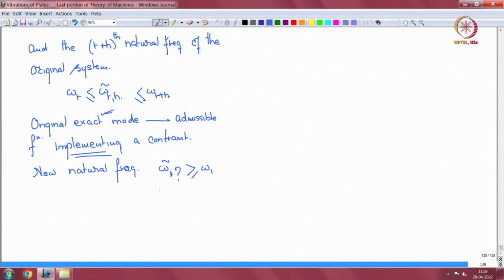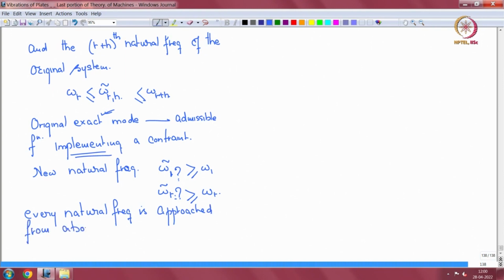Similarly the rth one, omega tilde r, with the admissible function here, is greater than omega r. So every natural frequency is approached from above, when you implement the Rayleigh-Ritz method.